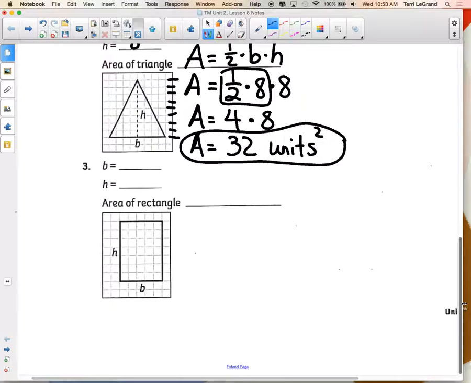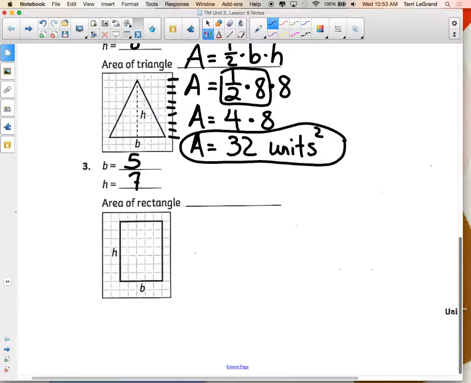Base is 5. Okay, everybody agree with her? Anybody want to change their mind? Okay, how about the height? Sierra? 7. Everybody agree with Sierra? You got a height of 7? Okay.